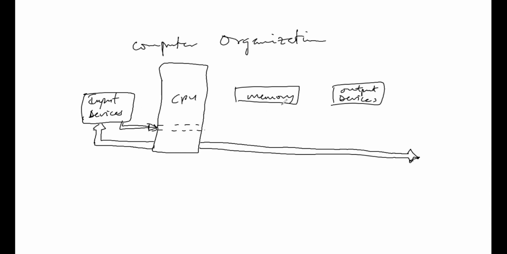Now we have that this memory is connected to this. This is a control bus. And this is bidirectional. This is the data bus. It goes all the way.